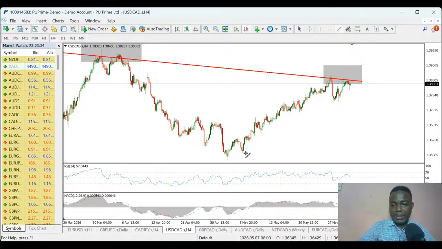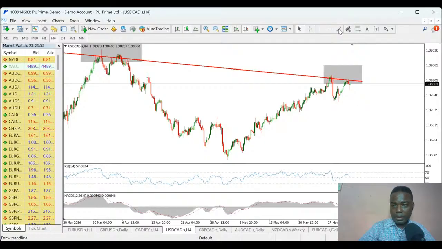And I said that I'm seeing the possible formation of a double top pattern. This is still the double top, even on the 4 hour, all things being equal. Okay, so we have valid reasons to look for a bearish trade on this one also.